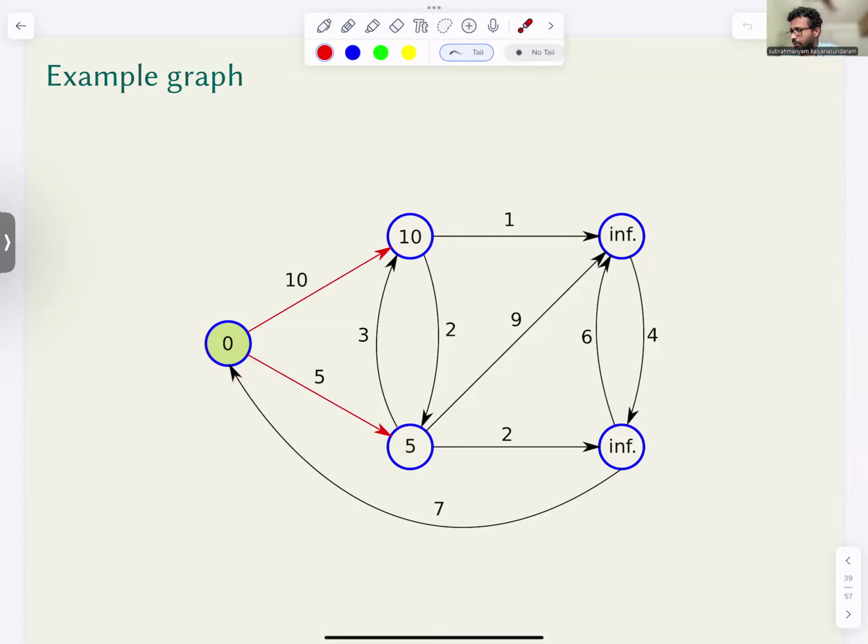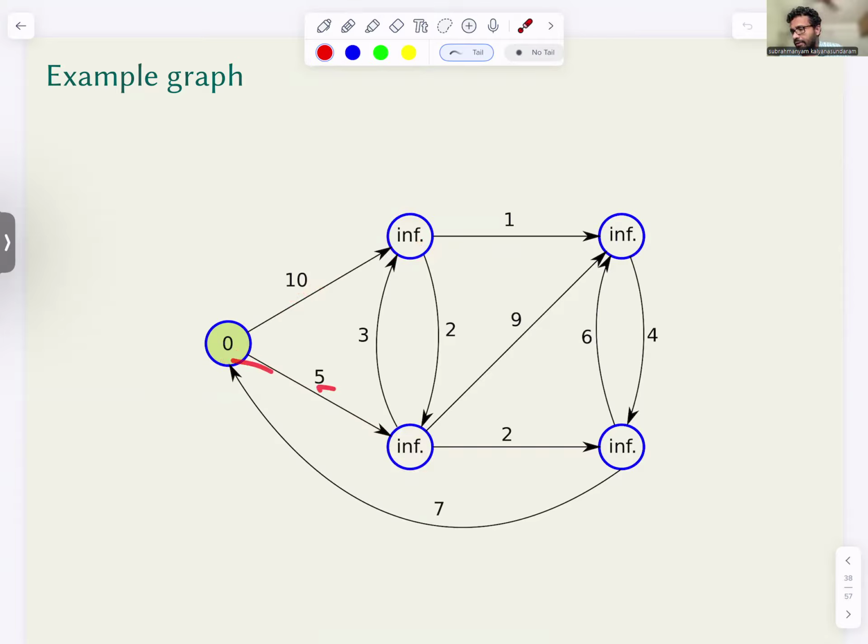And then you look at its neighbors. There are two neighbors, this vertex and this vertex. Earlier they had weight infinity, so now you update the weight as follows. You check whether 0 plus 10 is smaller than infinity, and 0 plus 10 is 10, so you update it to 10.